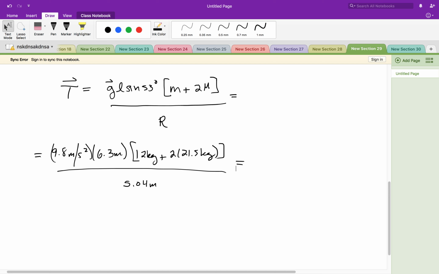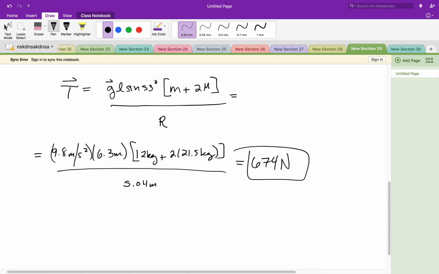So 9.8 times 6.3 times this mass thing, so 12 plus 43, and then divide that by 5.04, and we get a grand total of about 674 newtons.